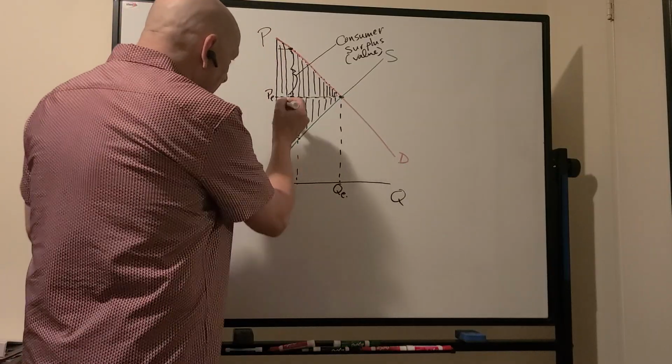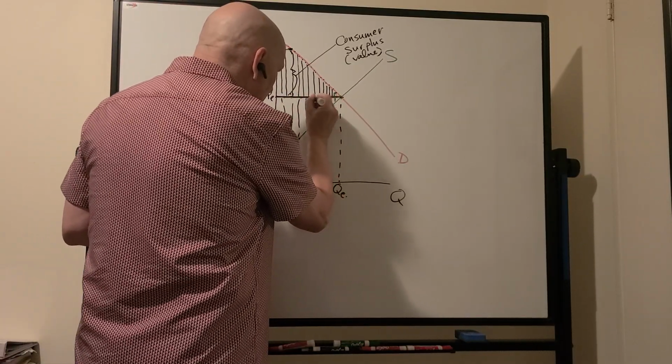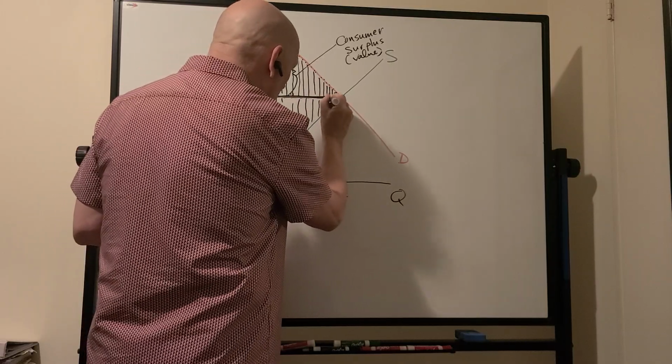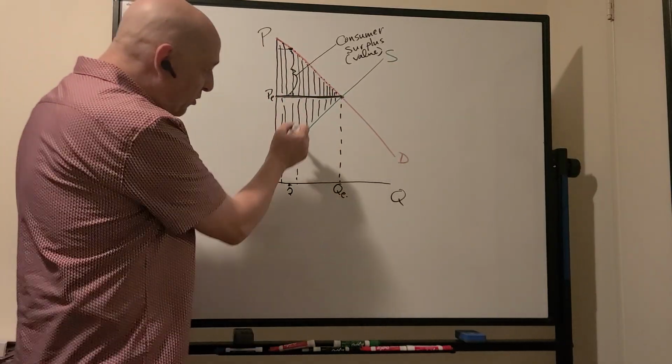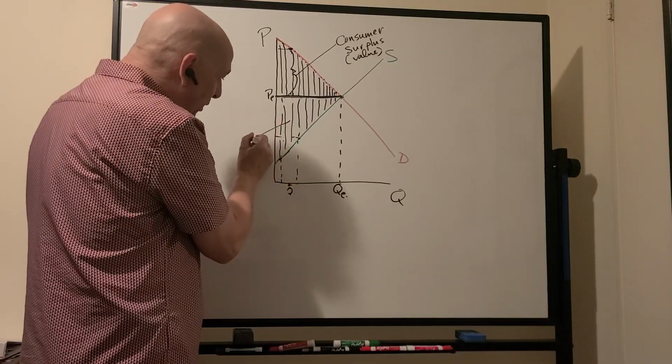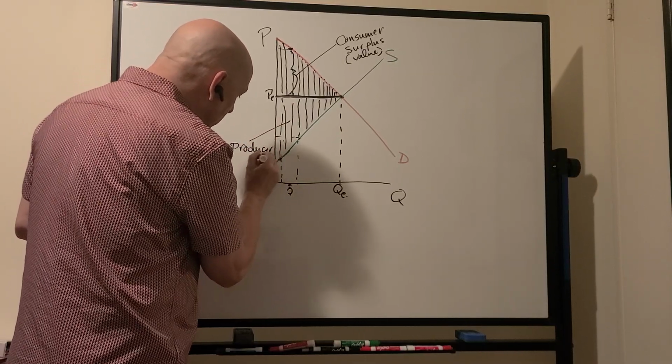Let's just make that a little stronger so we can see it, right? And so this is all surplus value as well, and we're going to call that producer surplus.